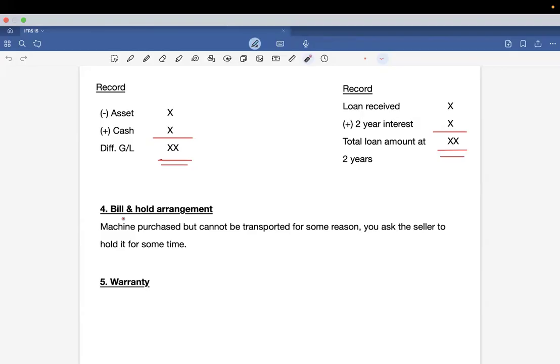You have billed it, but the machine is kept in holding. So the sale has happened, but the obligation is not fully met. Here, you are a third party holding the customer's product in your warehouse. Understood?